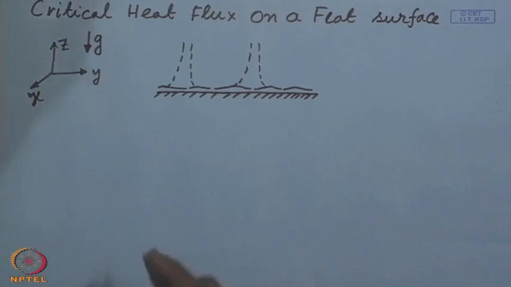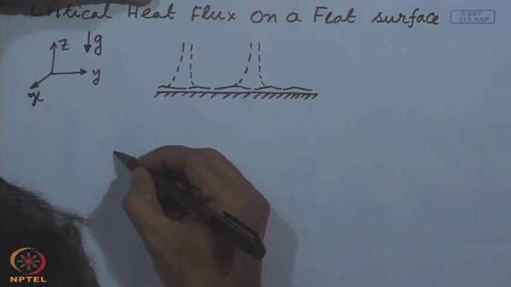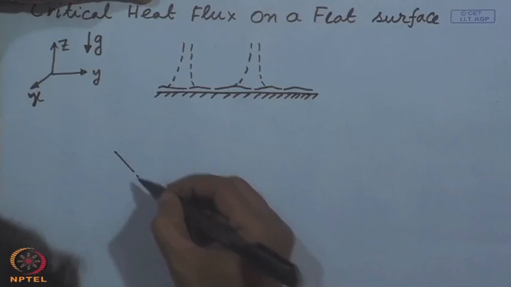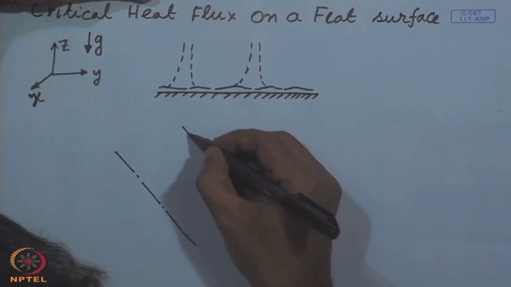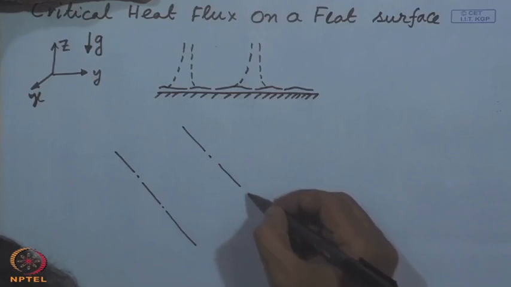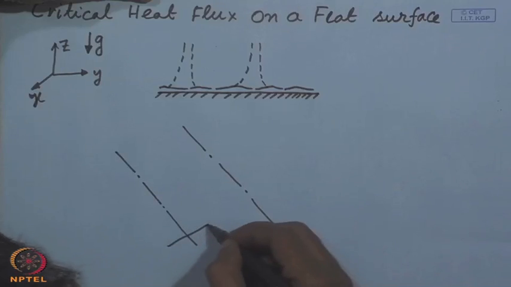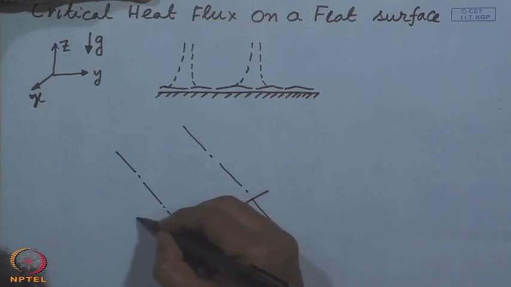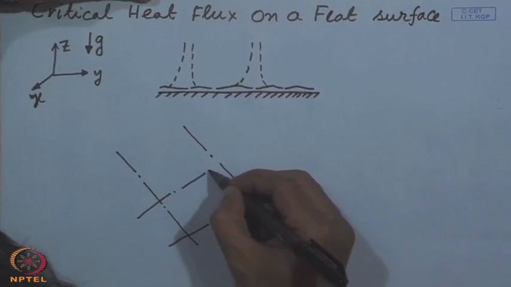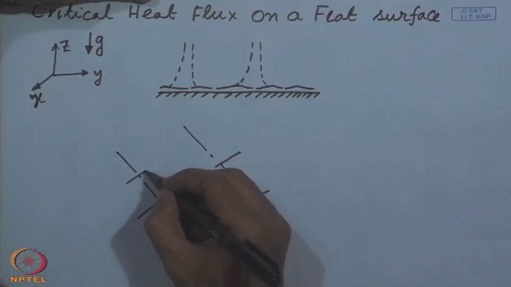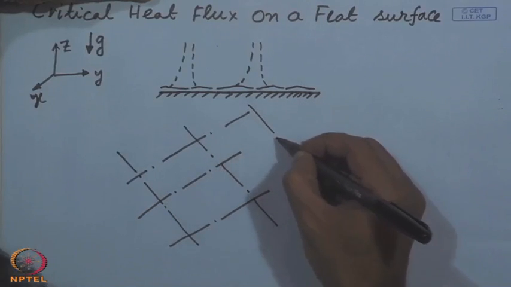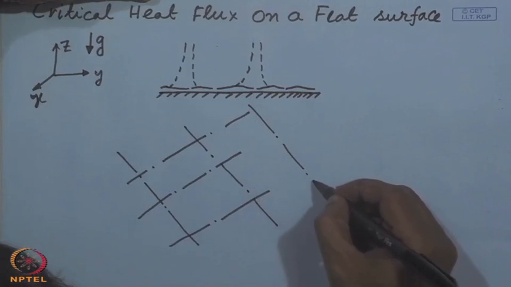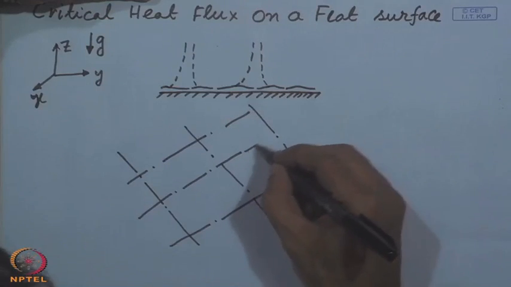Now, if we consider the top view of this surface and the vapor release pattern, one will find that the vapor is leaving the surface in the form of jets from each node of this rectangular array which I have drawn.